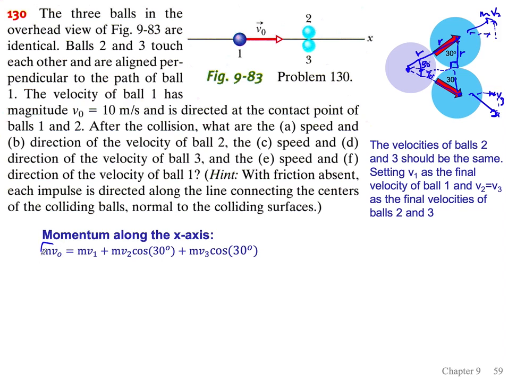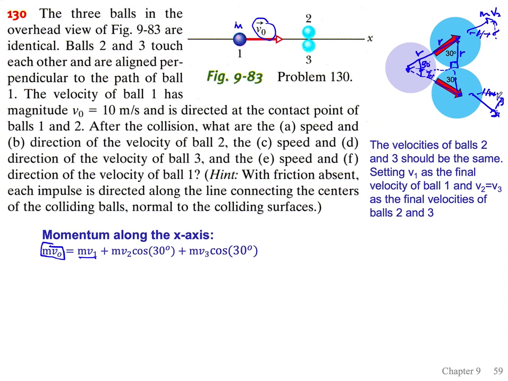So here's our initial momentum of the ball, which is m v0, v0 times the mass, equals, I'm going to call v1 the final velocity of this object, whatever it does, plus, and now I'm only interested in these horizontal components of this. Why? These vertical components of momentum for balls 2 and 3 must be equal and opposite. They must cancel out.